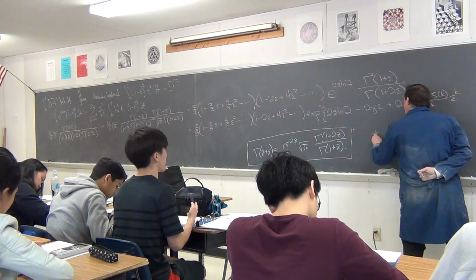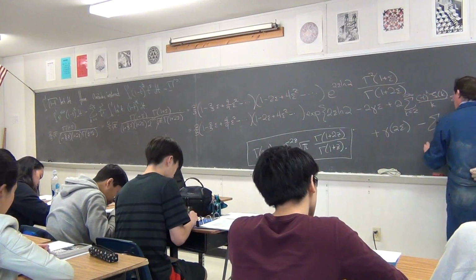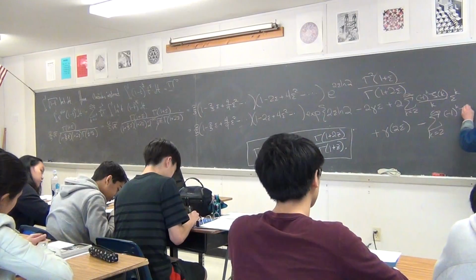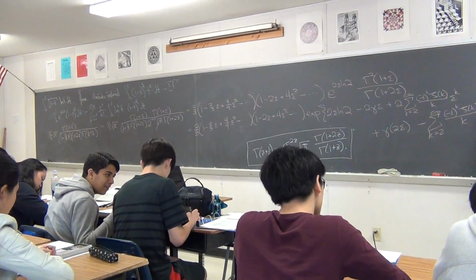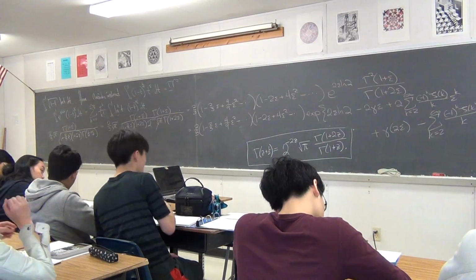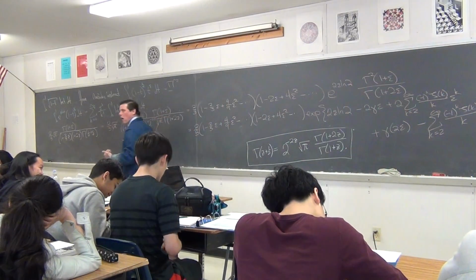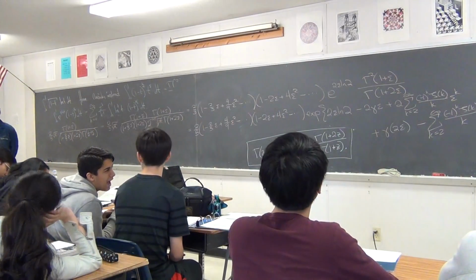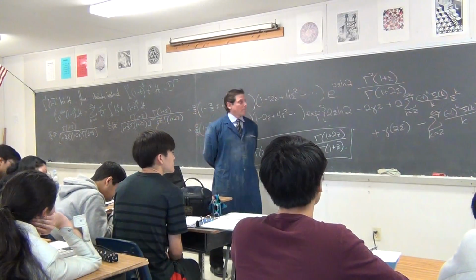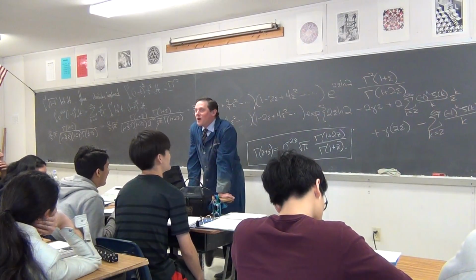So it's going to be plus gamma 2 epsilon minus the sum from k equals 2 to infinity, like that. Square. Are there any questions about that? Any questions about that? Oh my gosh, it looks so complicated. Wait, is that you cancel that? Question for you. Yes, sir.